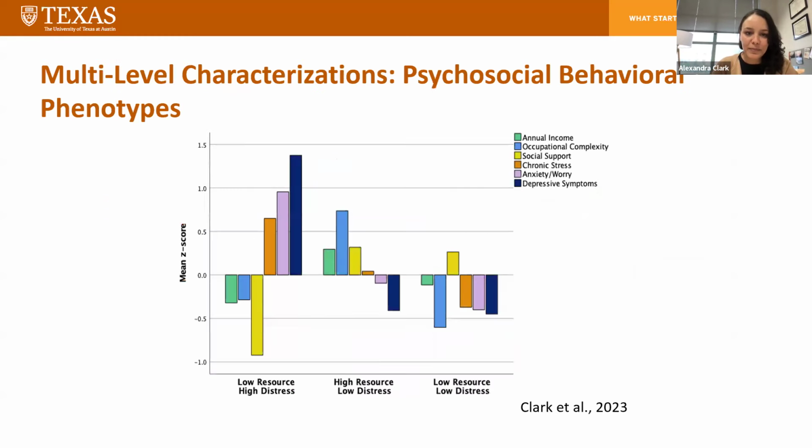Next slide, please. So we've started to do some latent profile analysis and some characterizations across multiple levels of resources and psychological variables that we think are important and play a role in the manifestation of AD, okay?